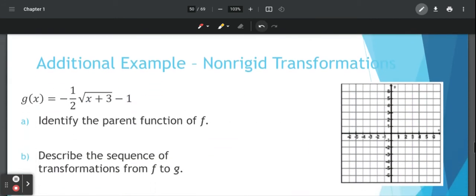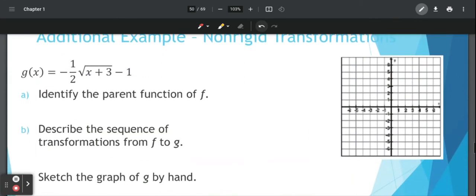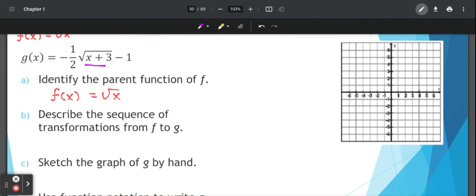So when we put it all together, remember, your parent function here would be the square root of x. That was for part A. So f of x equals the square root of x. If we describe the sequence of transformations, again starting with horizontal, we're going to have a horizontal shift to the left 3.